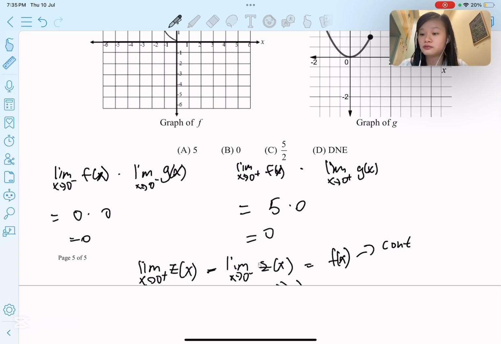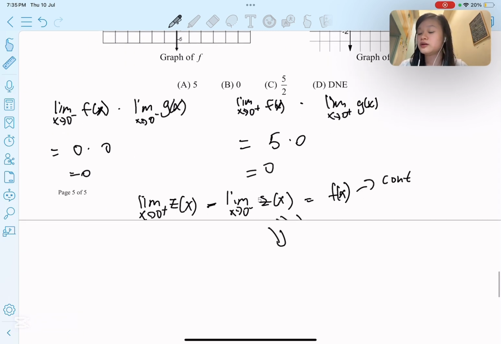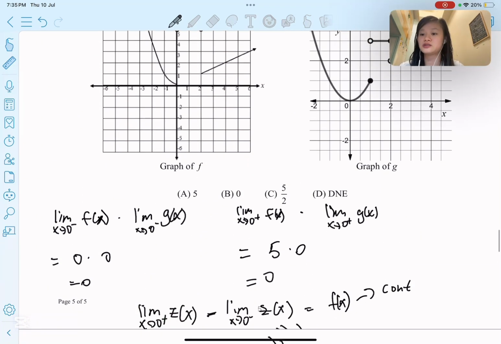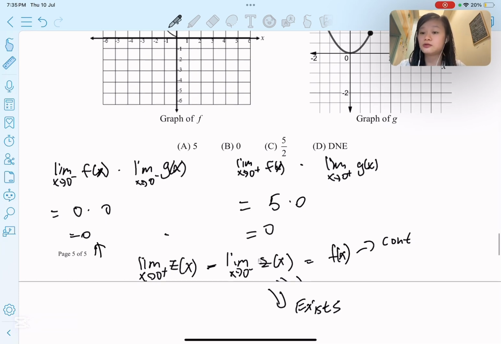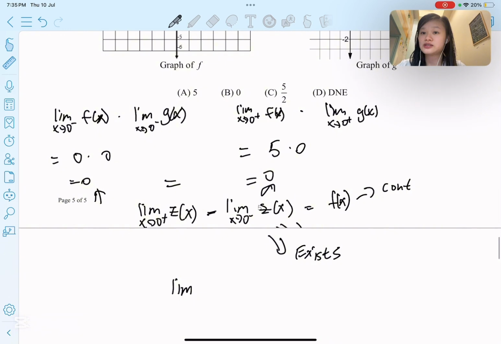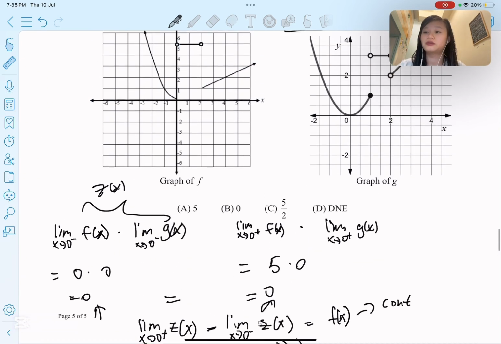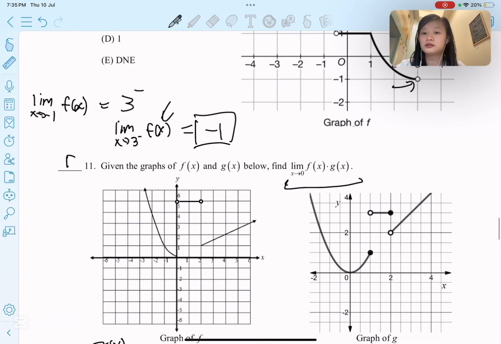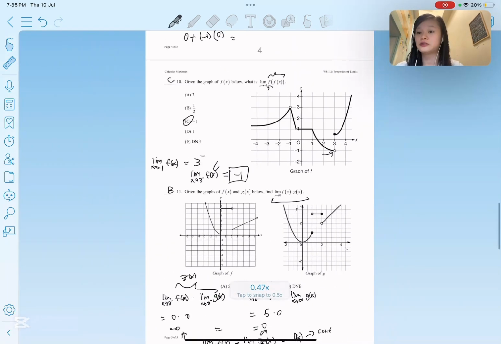But if only this, then the limit exists, right? The limit exists, but it doesn't mean it's continuous. So as you can see here, left equals right, which means the limit of, say this whole thing is z of x. I know I'm making this really slow, but you get the point. The limit of z of x is equal to nothing but 0. So B. Yes. Yep, that's it for this video.